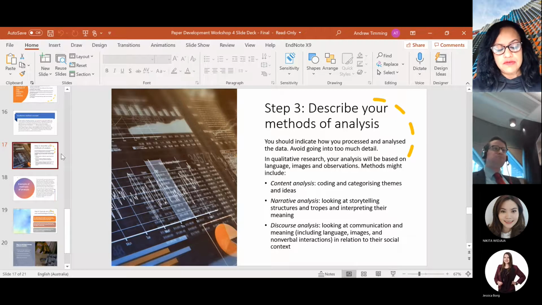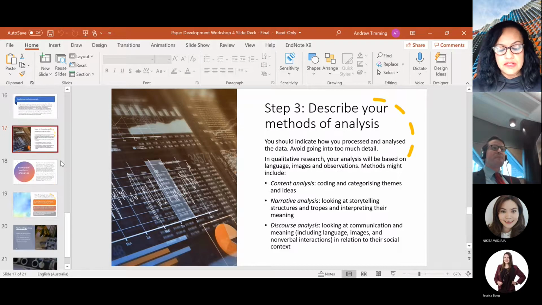So we know that in qualitative research, the analysis is usually based on either language, images, or observations. And your methods of data analysis could be content analysis, which involves coding and categorizing themes and ideas.